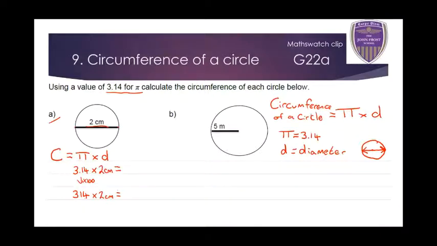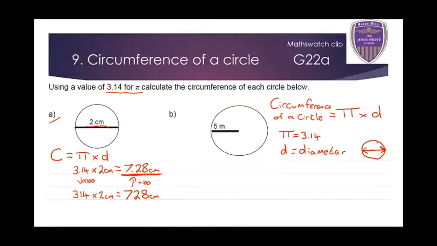So 314 times 2 would give me 628 centimeters. But this isn't my final answer because I multiplied by 100. In fact, I have to divide this by 100 now. So 628 divided by 100 will be 6.28 centimeters. And this is my final answer for my question. I just do this so it's easier to multiply decimals, it makes it easier to multiply pi.